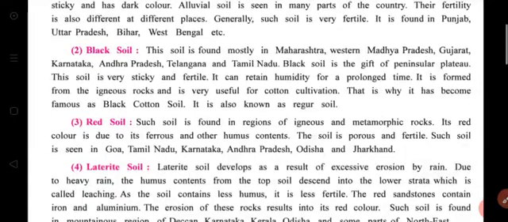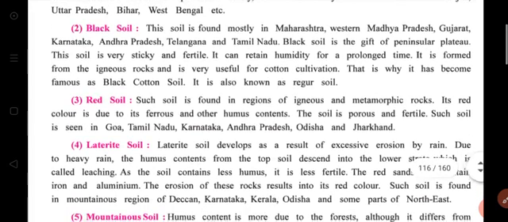Then black soil, just read by yourself. Then red soil, but just go through and give a plain reading, because it is a revision, not a first time study or learning.